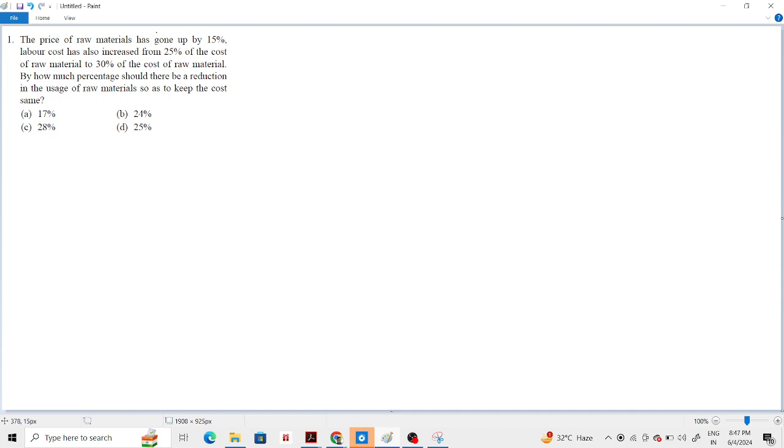Labor cost has also increased from 25% of the cost of raw material to 30% of the cost of raw material. By how much percent should there be a reduction in the usage of raw materials so as to keep the cost same? So what I need to keep same over here? The cost. Okay.